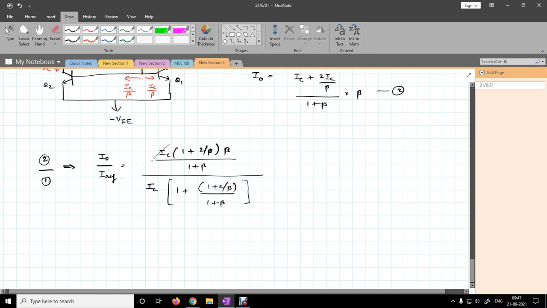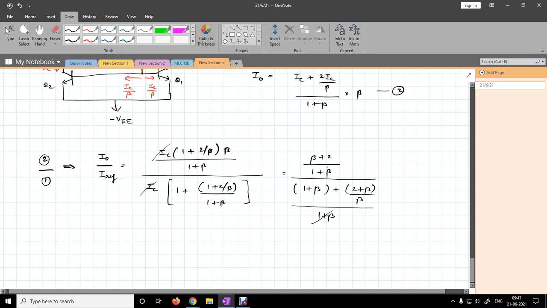From this IC will get cancelled. This is beta plus 2 divided by 1 plus beta, whole divided by 1 plus beta plus 2 plus beta divided by beta, whole divided by 1 plus beta.